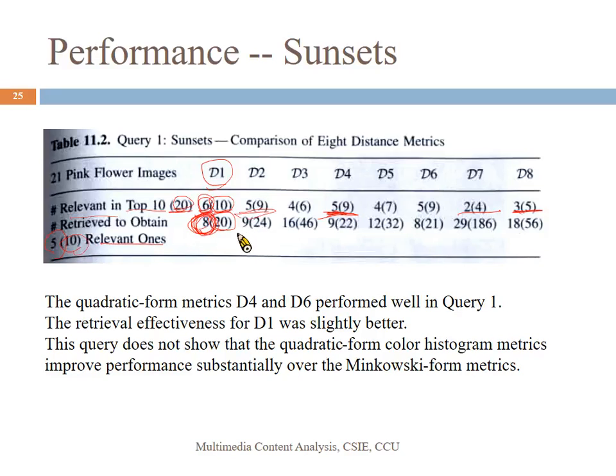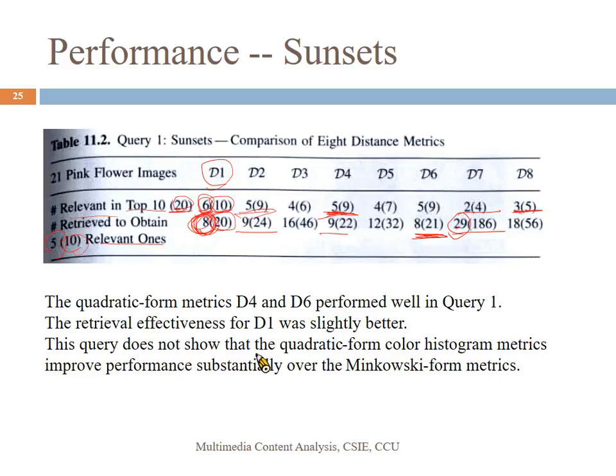So D1 is good, D2 is also good, D4, and D6 is also very good. D7, if we return 29 images, we only get 5 relevant. So here the quadratic form matrix D4 and D6 perform well in this query, and the retrieval effectiveness for D1 was slightly better.